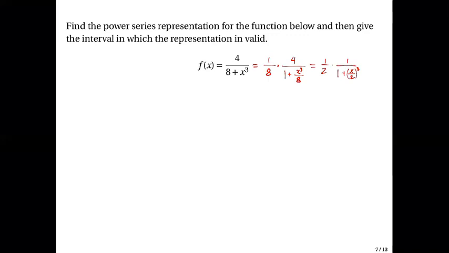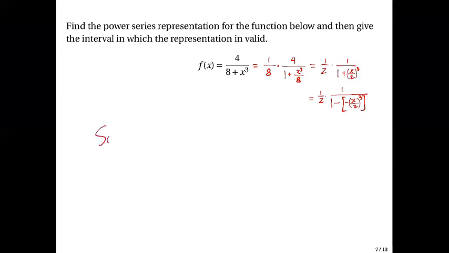Furthermore, we can rewrite this as 1/2 times 1 over 1 minus quantity negative x over 2 cubed. Let me just put this in square brackets.